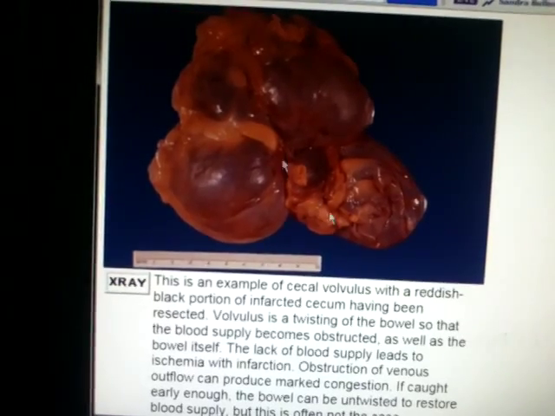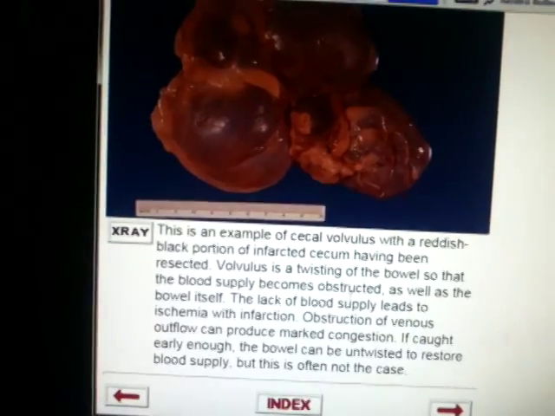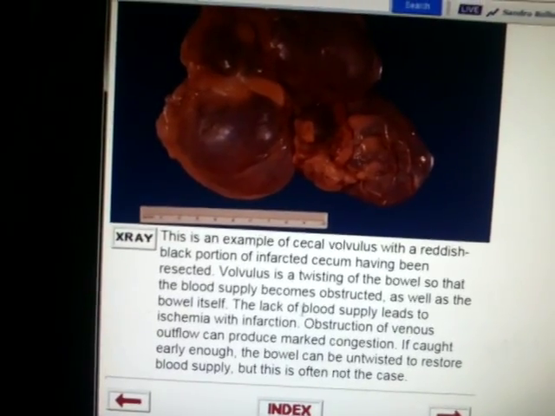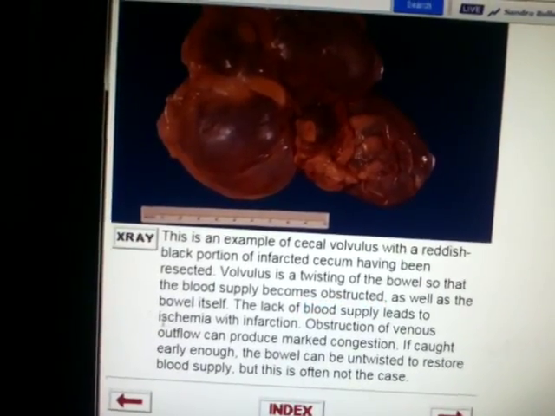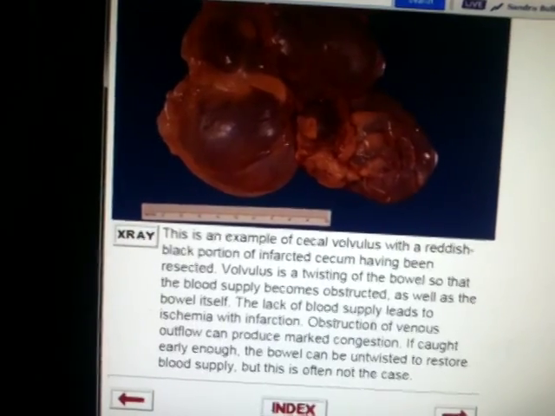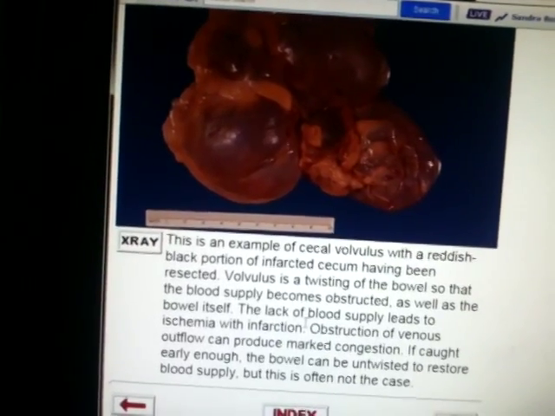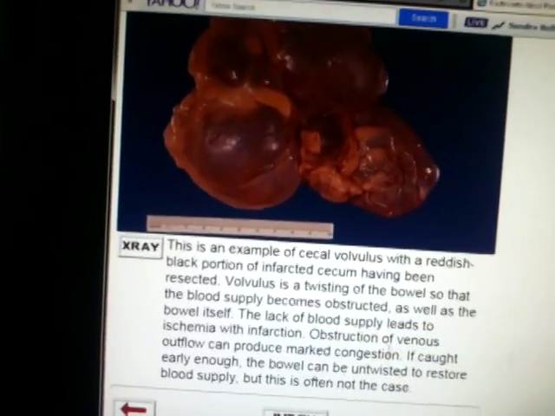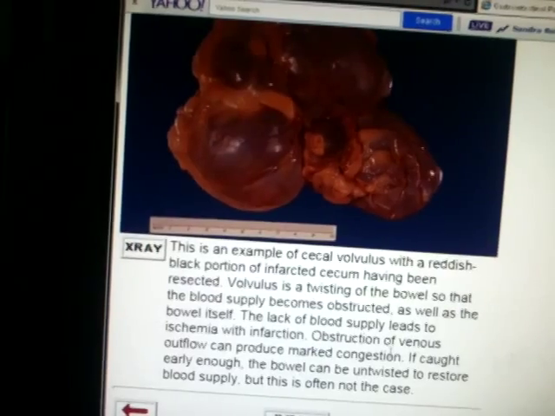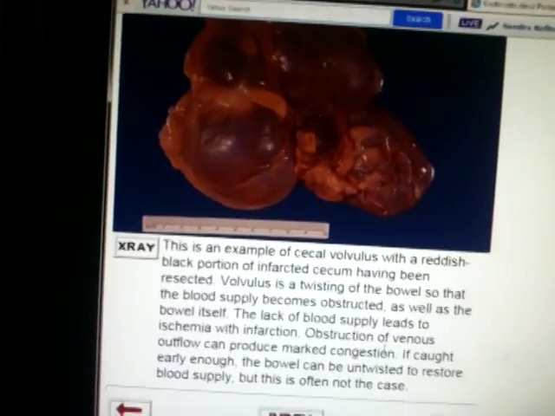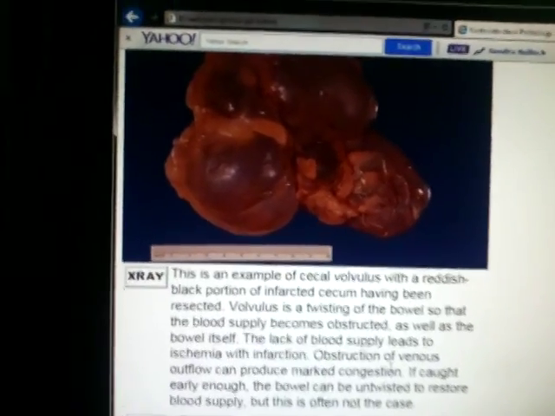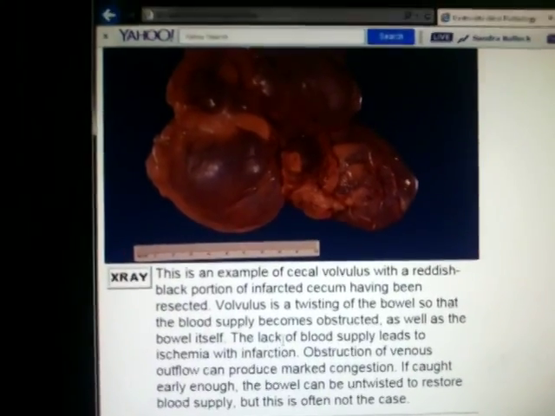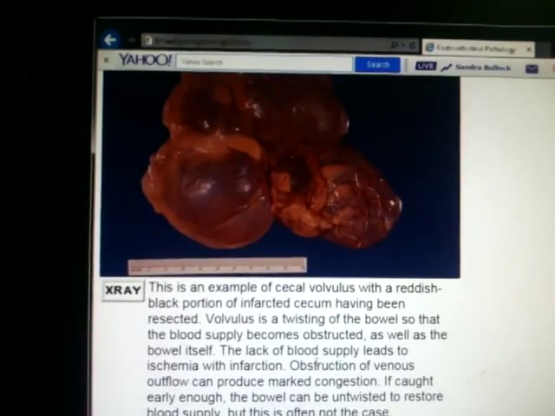This is the infarcted loop here, and usually the intestinal obstruction will lead to compression of blood vessels, and so will lead to ischemia and infarction. This obstruction is accompanied by obstruction of venous return as well, so this segment of the bowel will appear congested and swollen due to decreased venous return.